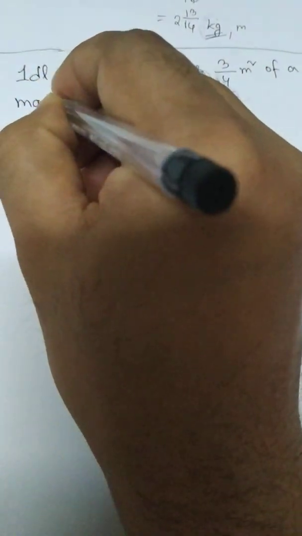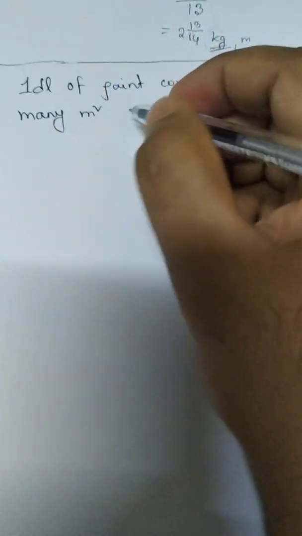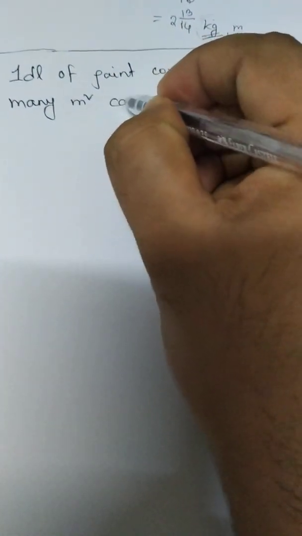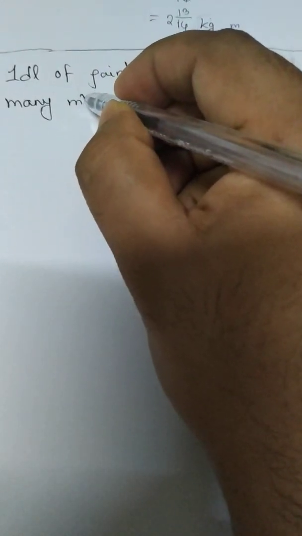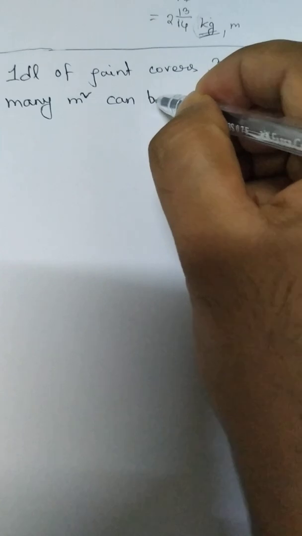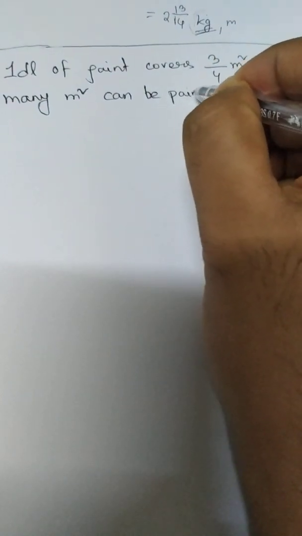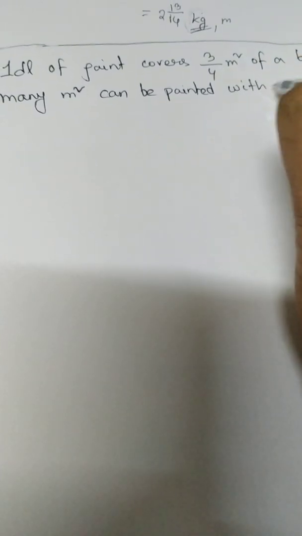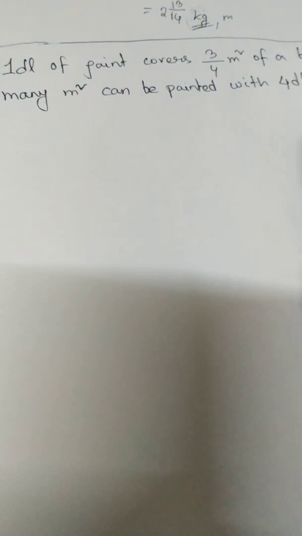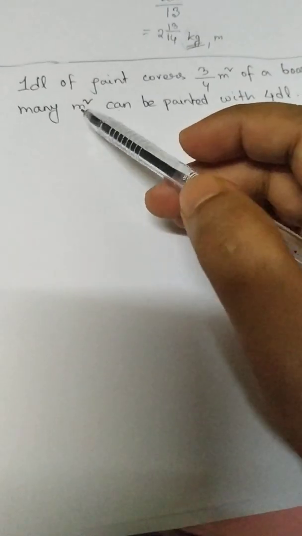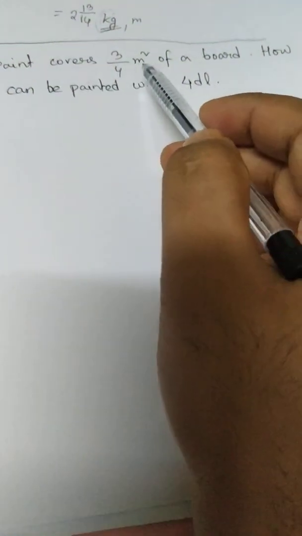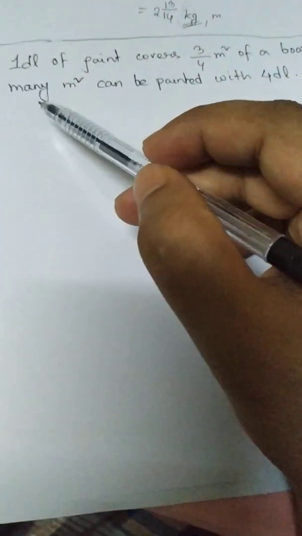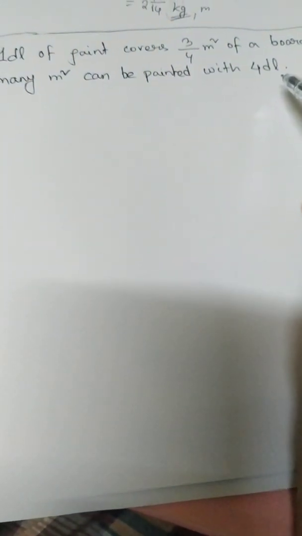How many meter square, this is meter square, m to the power 2, can be painted with 4 deciliter? Okay, 1 deciliter of paint covers 3 by 4 meter square of a board. How many meter square can be painted with 4 deciliter?